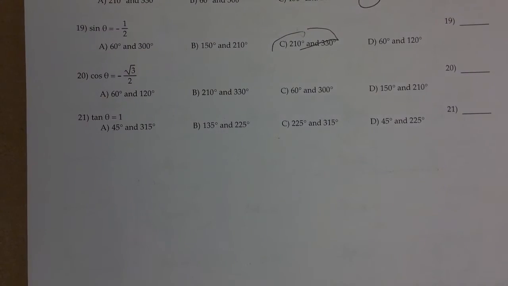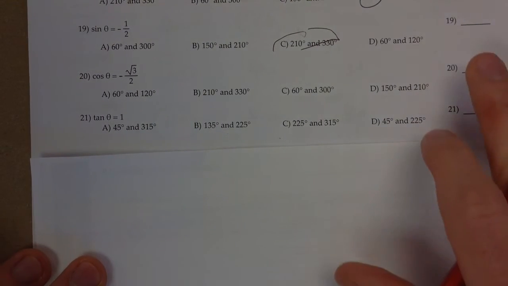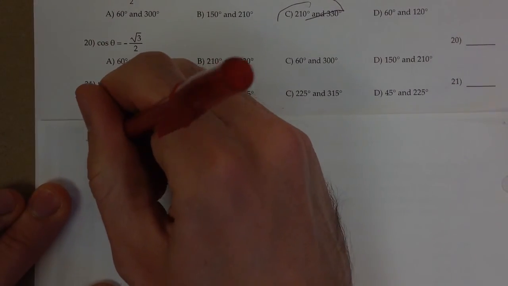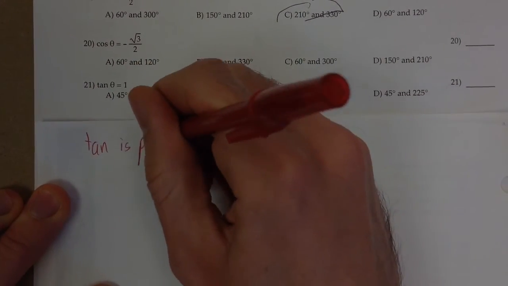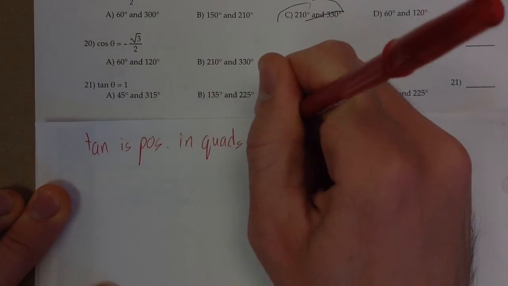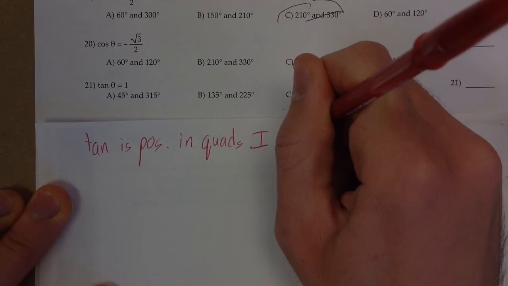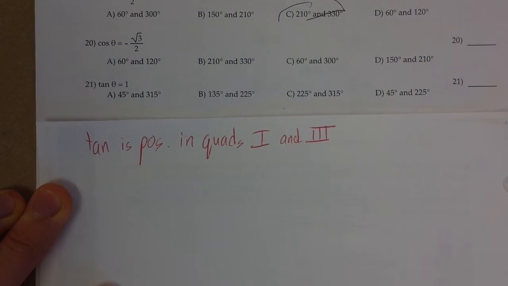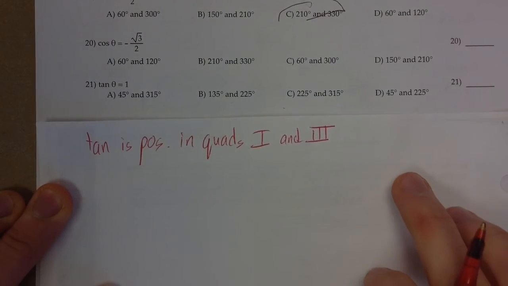Very well. And then the last one. Random person, Dominique. Please tell me, when is tangent positive? On the first and third. Very good. So we're looking for a first quadrant and a third quadrant angle. Next, Nikki B. What acute angle is tangent positive 1? For what acute angle?